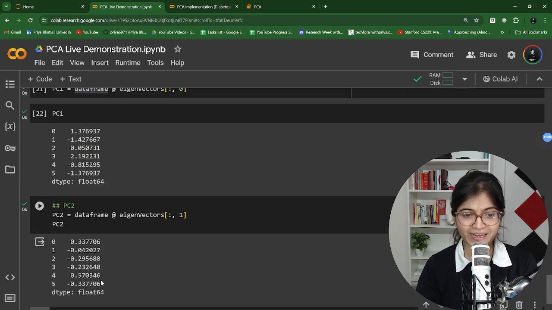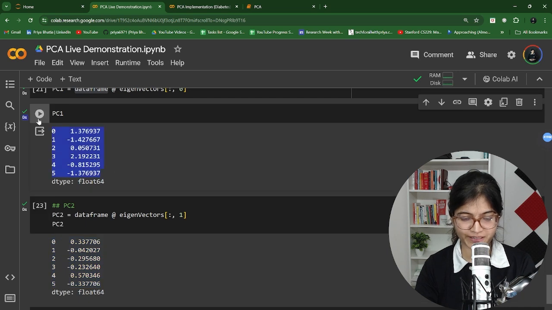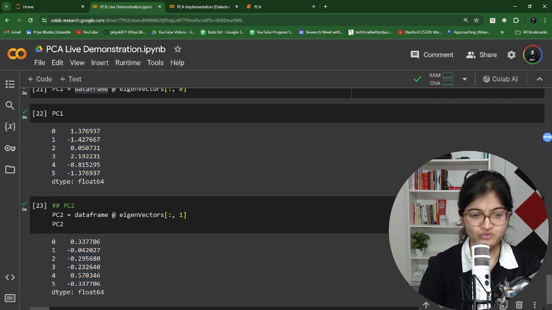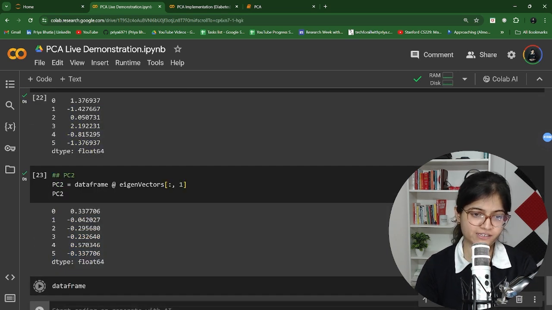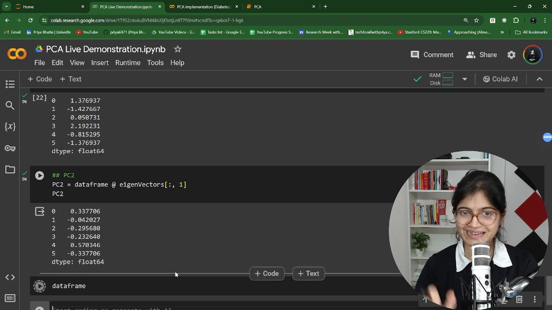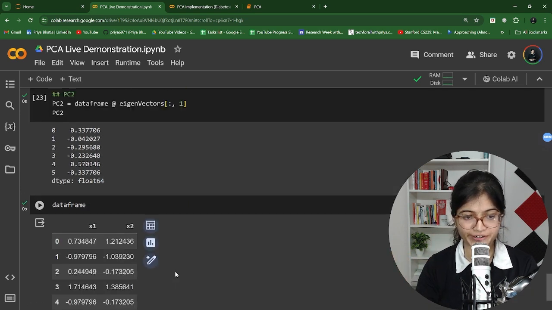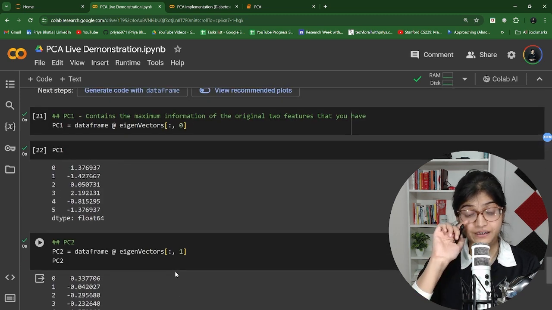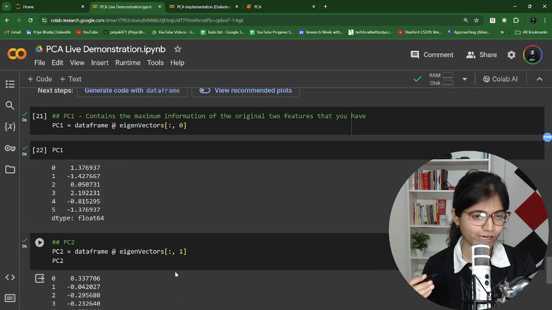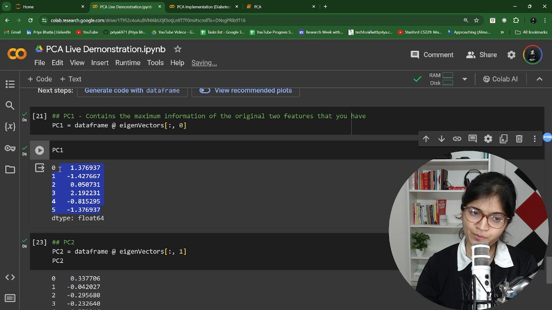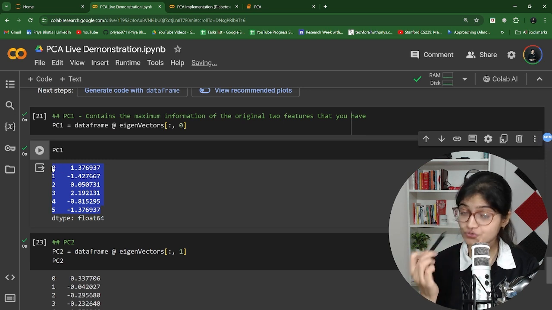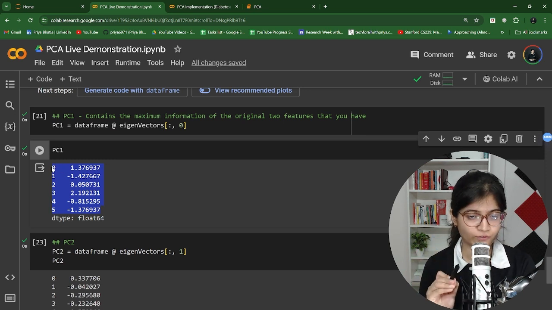So here you will now have an entirely different feature set, because if you remember, my actual data frame looks like this, where I have entirely different data points, right? But my new feature set contains 2 principal components, where the first principal component contains the highest information because it is given the highest eigenvalue.